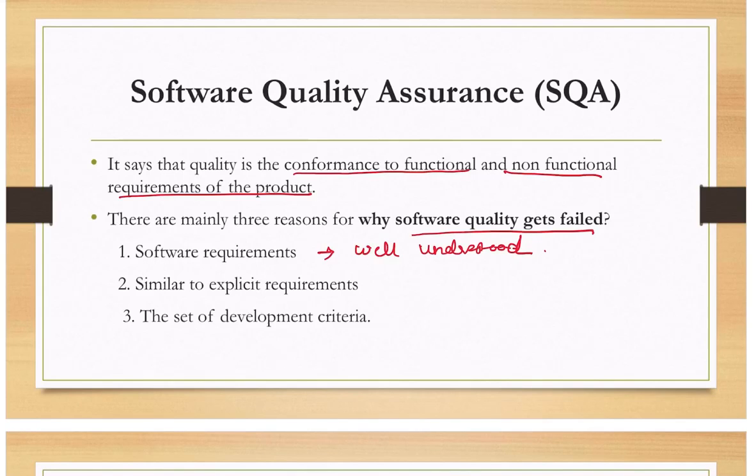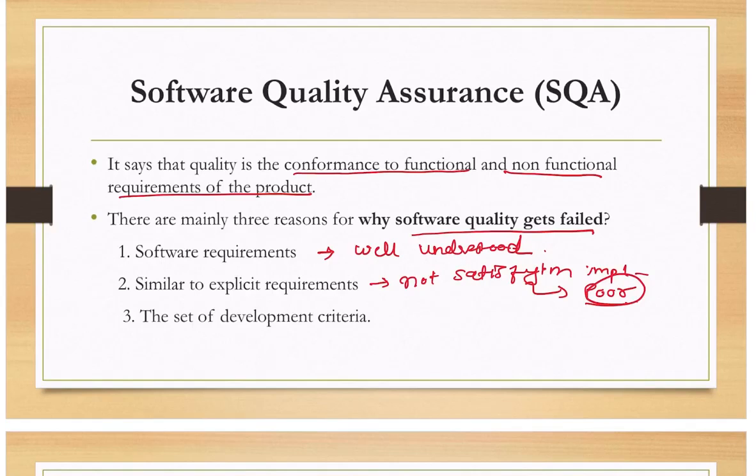If the software conforms to the explicit requirements but does not satisfy the implicit requirements, right, then surely the quality of the software being developed is poor.